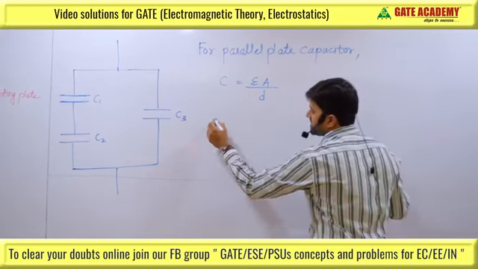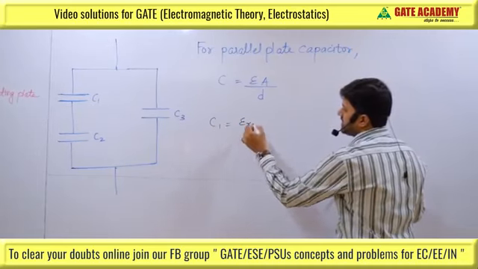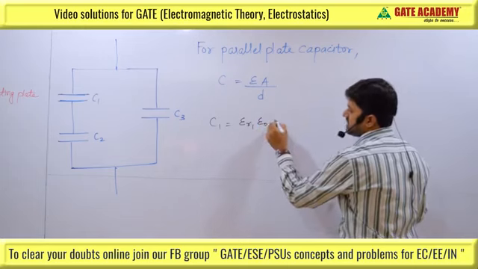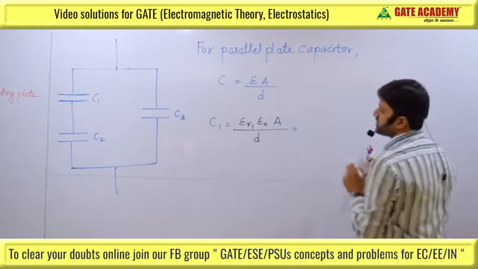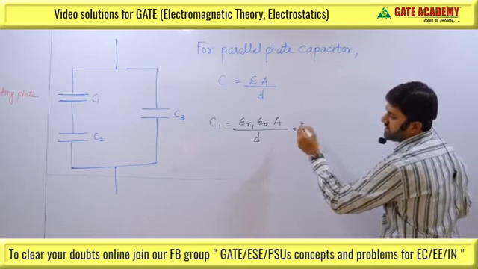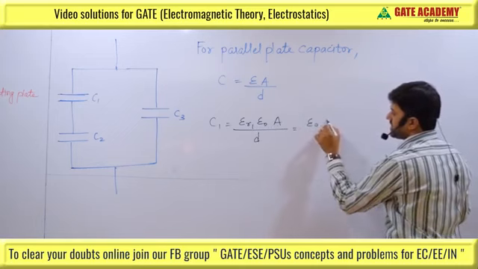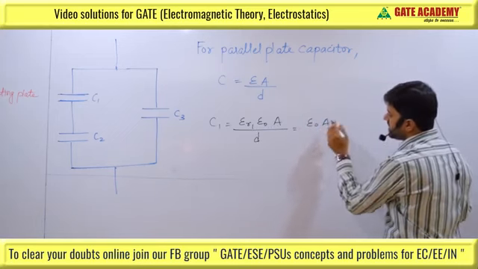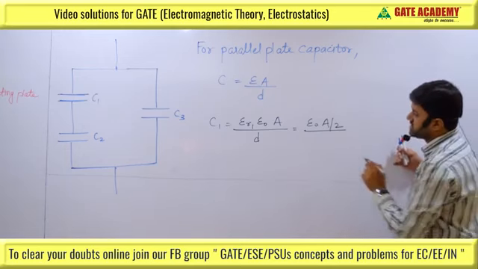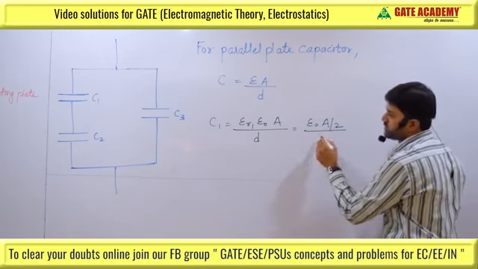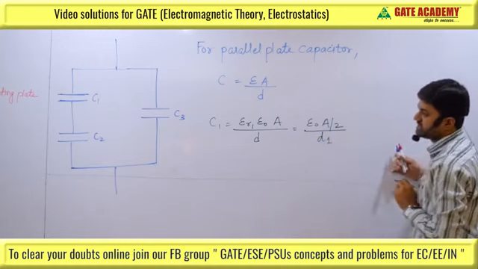For C1, the dielectric constant is epsilon R1, so it is epsilon R1 epsilon naught A upon D, and epsilon R1 is 1 here, so this is epsilon naught A upon D, and A will be half of the total area. So this is epsilon naught A by 2, and the distance is D1, let us say.